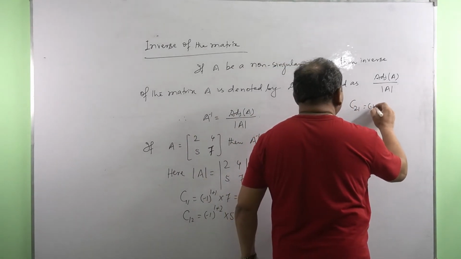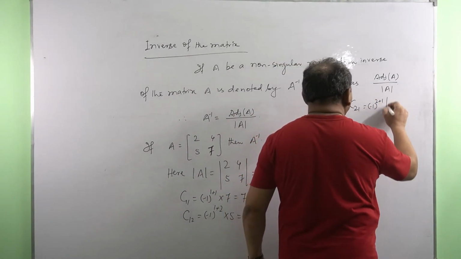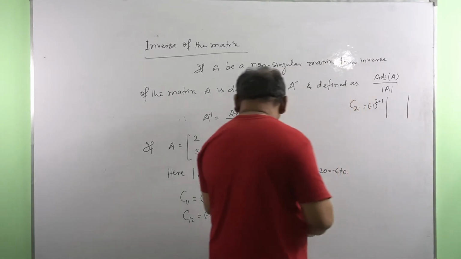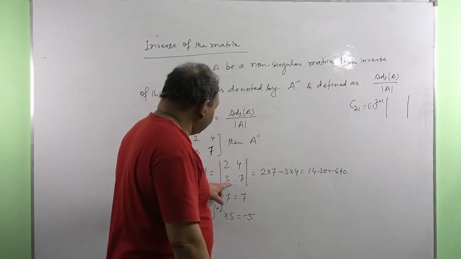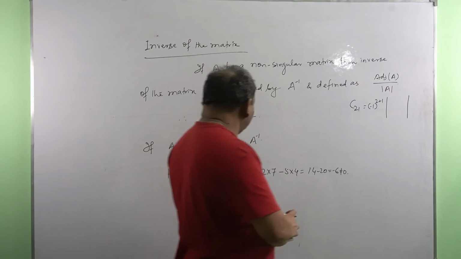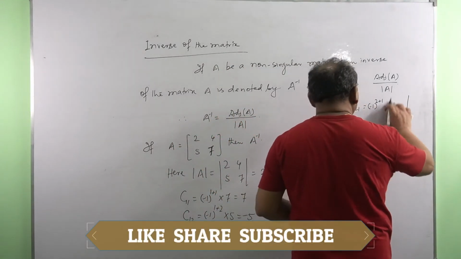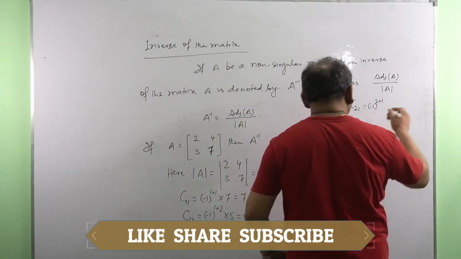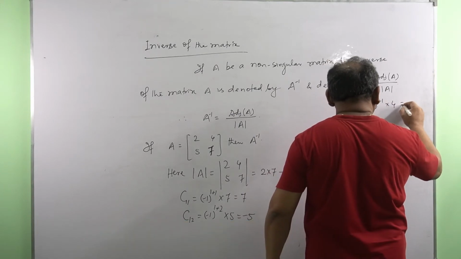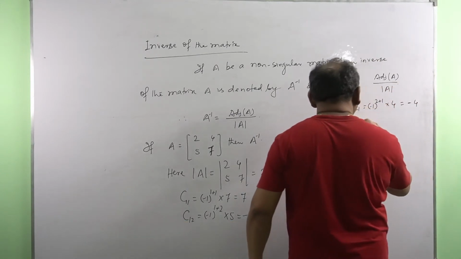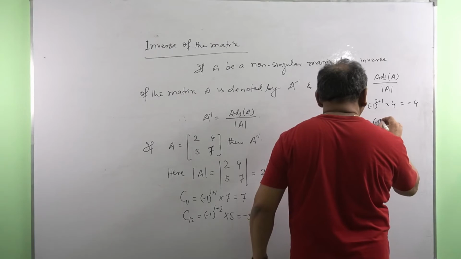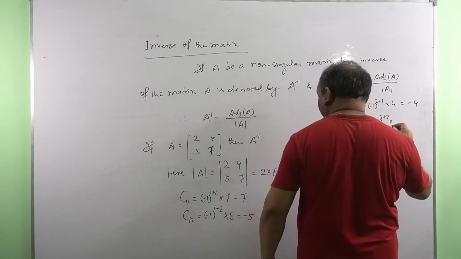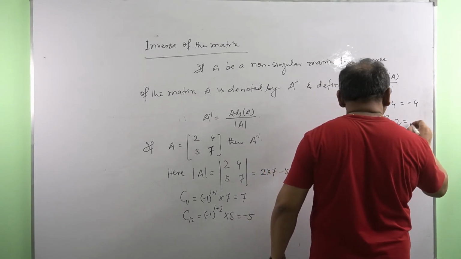C21: minus 1 to the power 2 plus 1, hiding the second row, first column. This is a matrix of second order, so we get only one element, 4, that is minus 4. C22: minus 1 raised to 2 plus 2 into 2, that is plus 2.